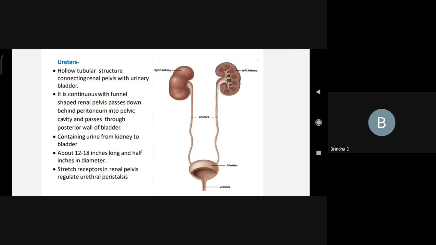We have already discussed that kidneys are located closer to the back side of our body, at the back of the intestine.